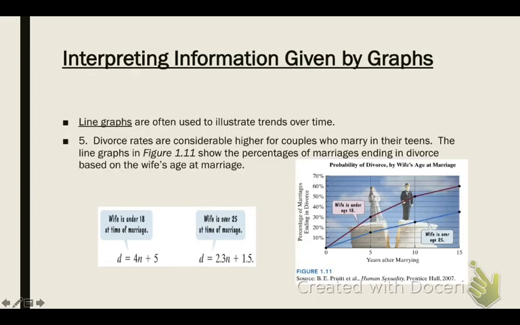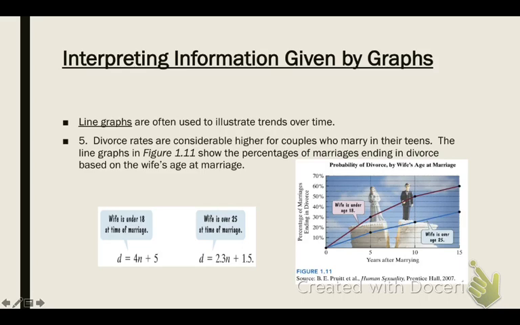Interpreting information whenever you're given graphs. A line graph is often used to illustrate trends over time. Now it's not like a true line graph because it looks like it has a little bit of a curve. I guess it really is linear from certain points. It says divorce rates are considerably higher for couples who marry in their teens. The line graph in the figure shows the percentage of marriages ending in divorce based on the wife's age at marriage.